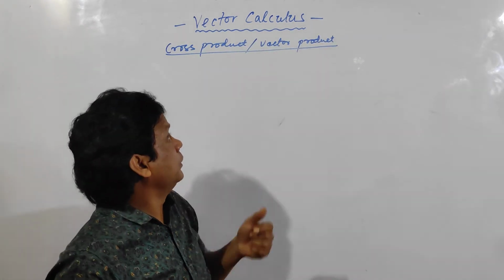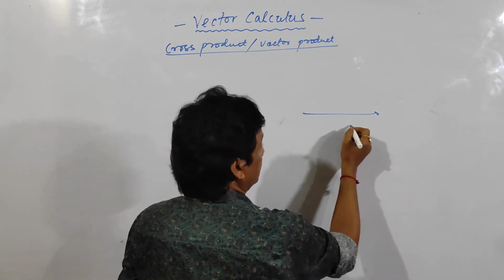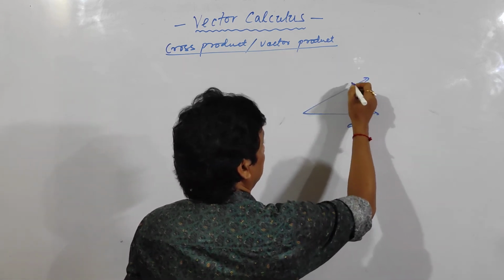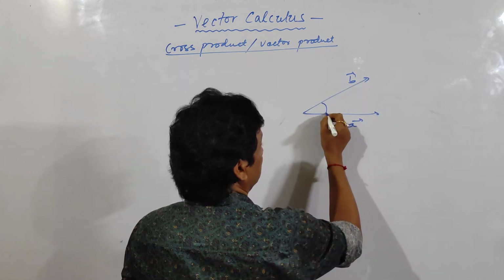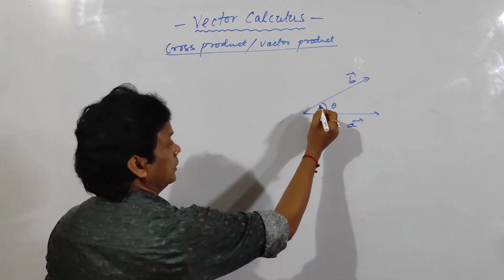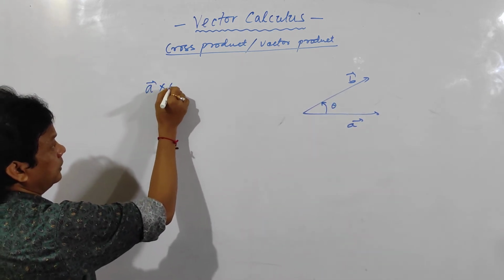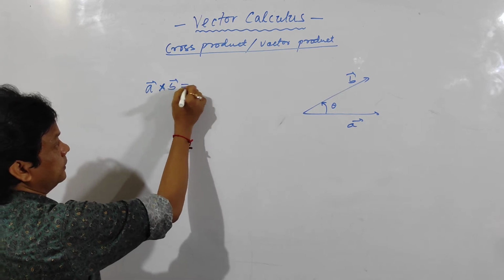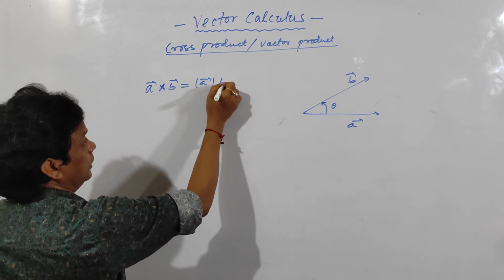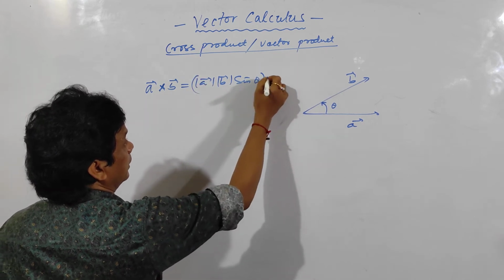See, now I am going to tell you about cross product or vector product. Same thing, I am taking this one as A vector and this one as B vector, and theta is the angle between A vector and B vector. And you should measure the angle in anti-clockwise direction. And what is the formula for A cross B? A cross B is equal to |A| into |B| into sin theta into n cap.